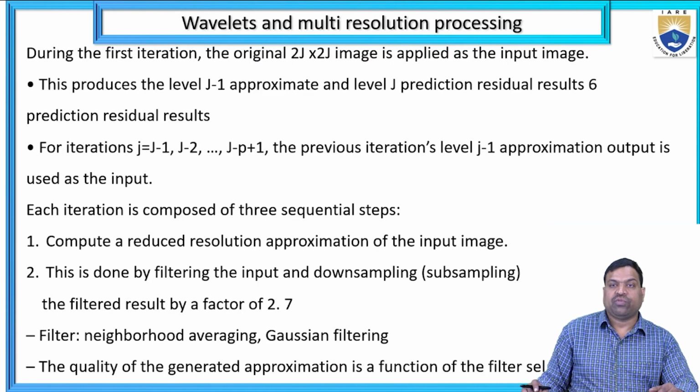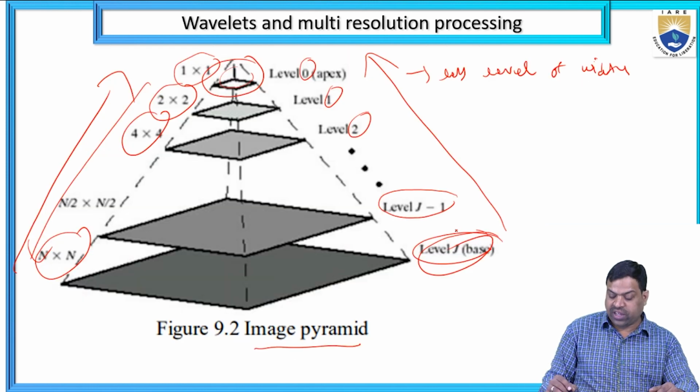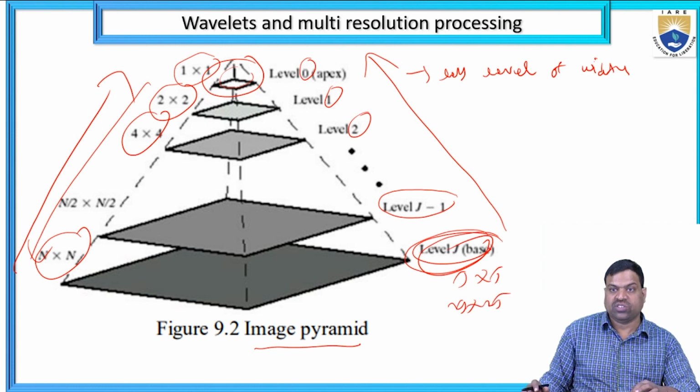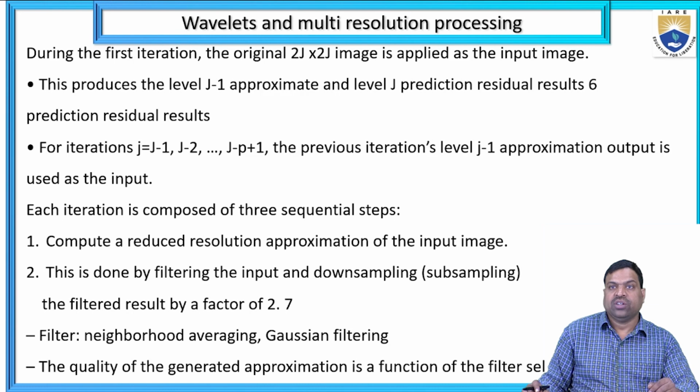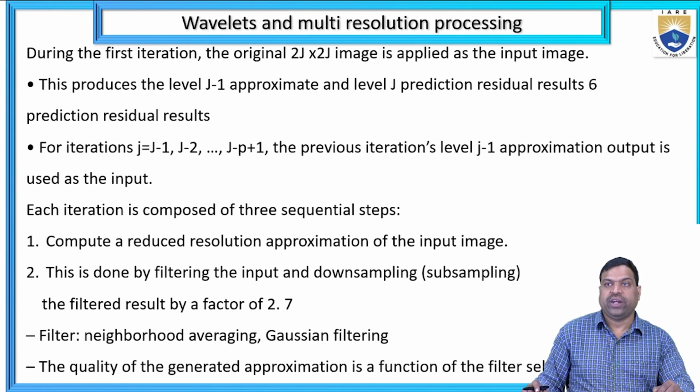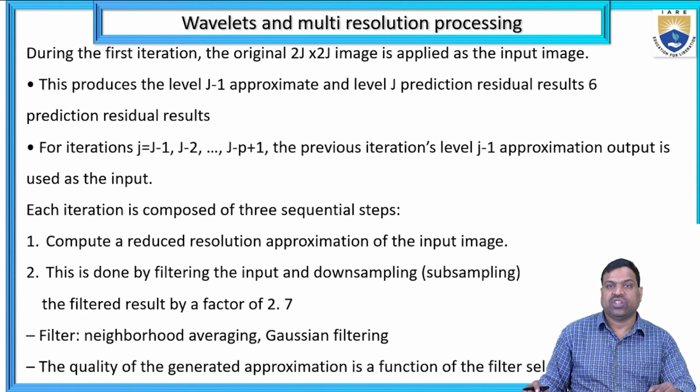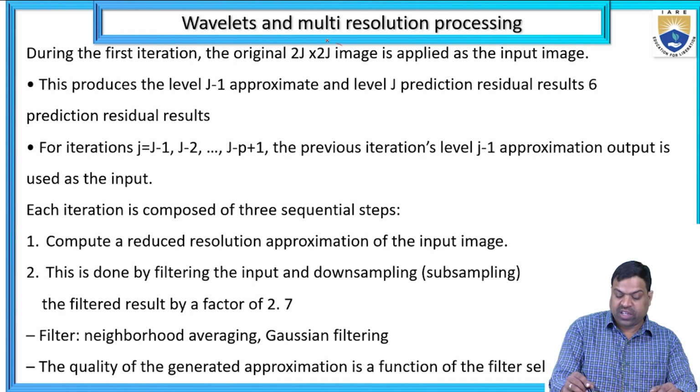During the first iteration, the original 2J into 2J image is applied as the input image. I was taking J into J, but here I am taking 2J into 2J, two times the size. This produces the level J minus 1 approximation and the level J prediction residual. So when I take the 2J into 2J image, the output is the level J minus 1 approximation.